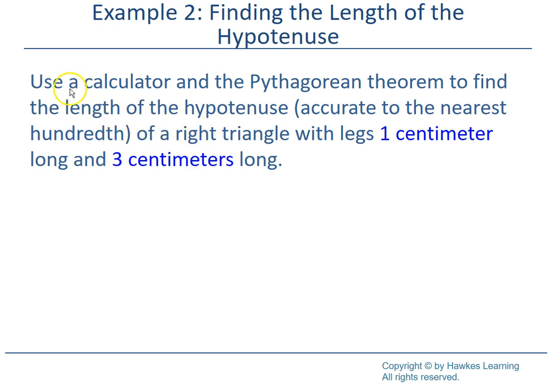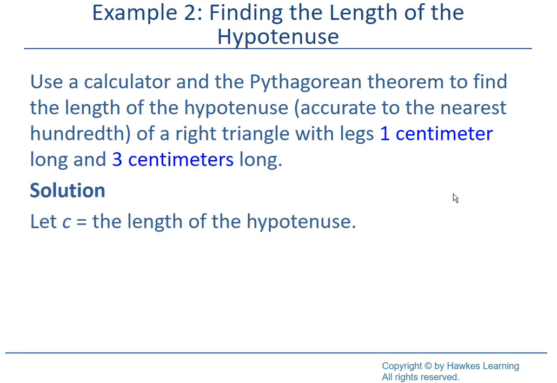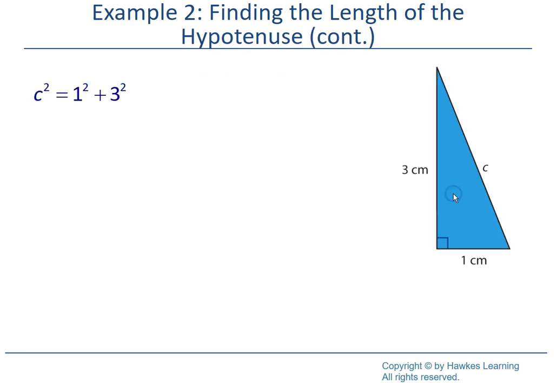Now, in this case, we're going to use a calculator and the knowledge of the Pythagorean theorem to find the length of the hypotenuse, accurate to the nearest hundredth, of a right triangle whose legs, short leg in this case, is 1, and long leg is 3. So generally I suggest you make a little picture of this, as they show here.